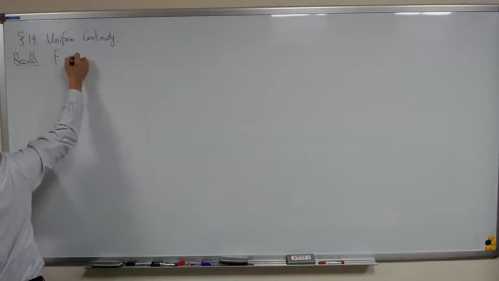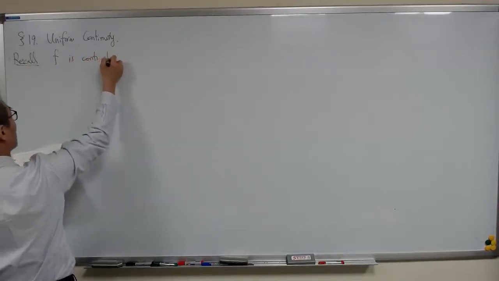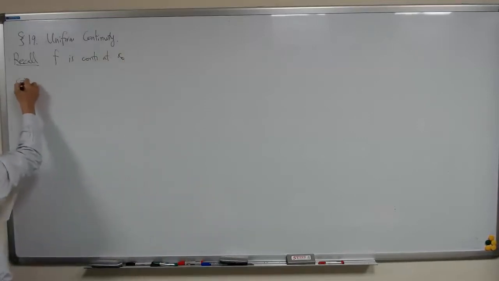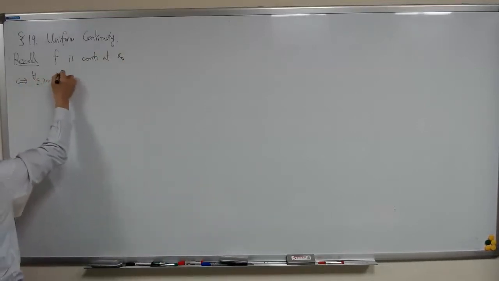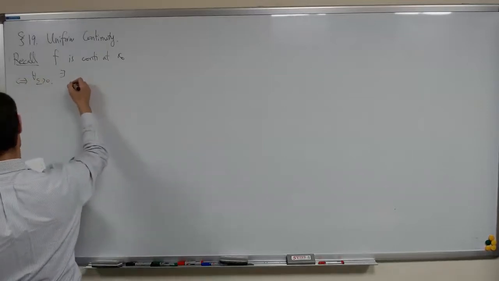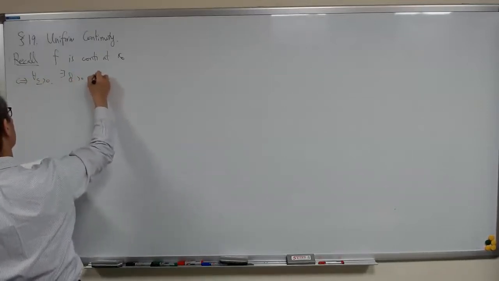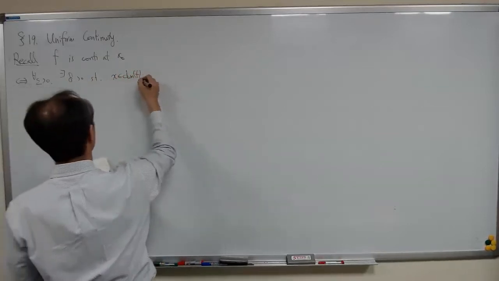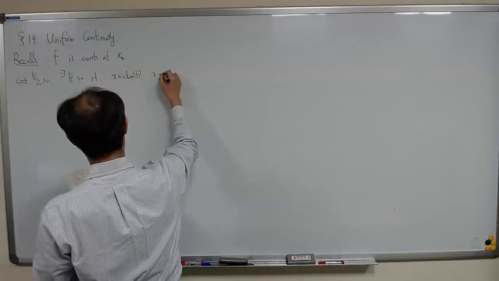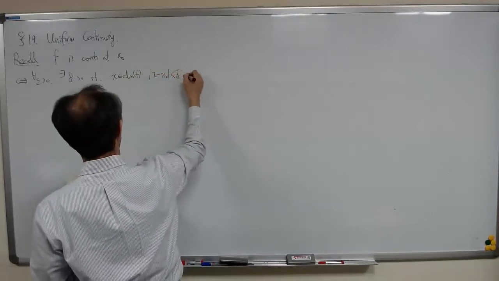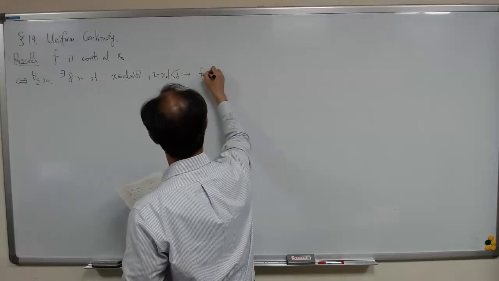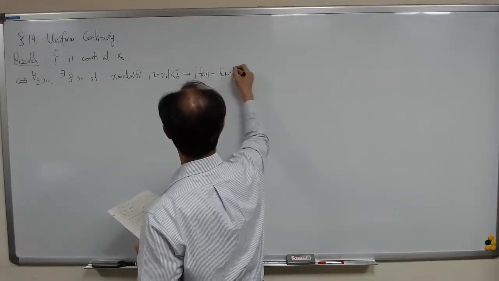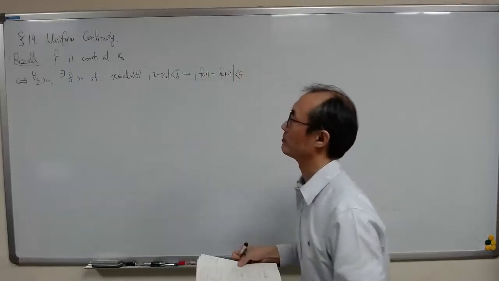Suppose f is continuous at some point x naught in the domain of definition, which can be understood as follows: for any positive epsilon, there is a corresponding delta such that for any x in the domain of definition, if the distance between x and x naught is smaller than delta, that implies the difference between f of x and f of x naught is estimated by epsilon.